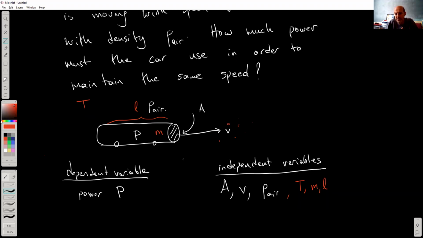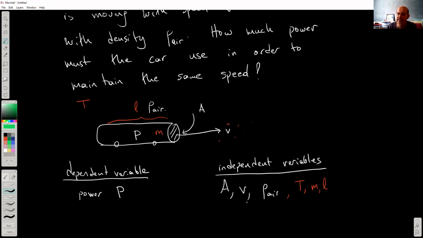So as a result, the cross-sectional area, the front area of the car, is a very important quantity because it determines the amount of air that should be pushed around. So therefore, this area is a variable that changes things. The density of the air, the mass of the air molecules, is important. So that also enters into the picture.